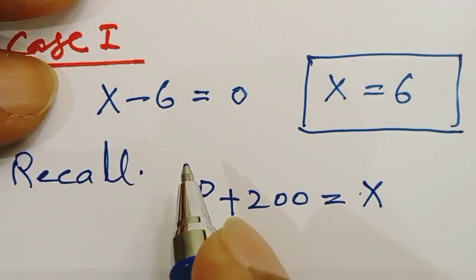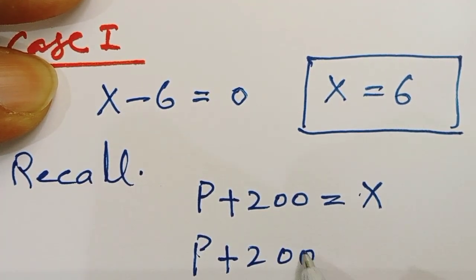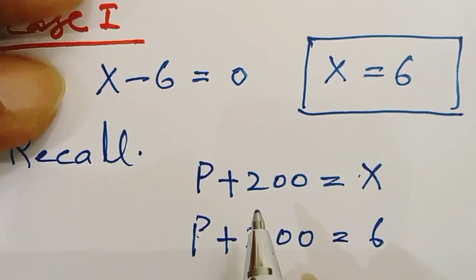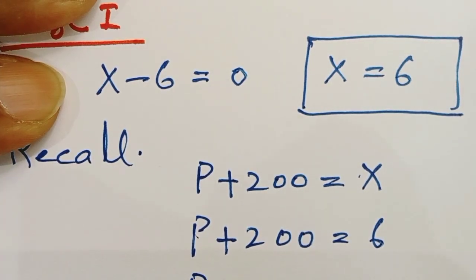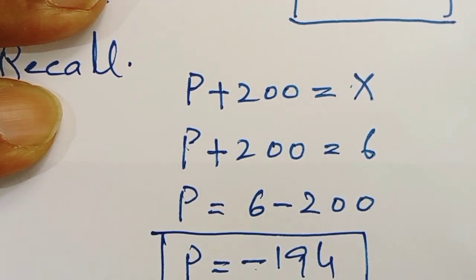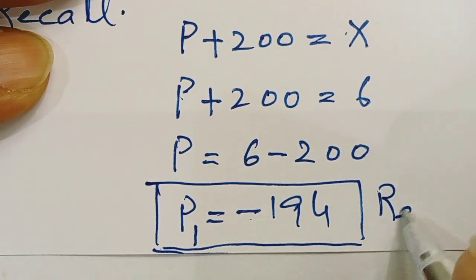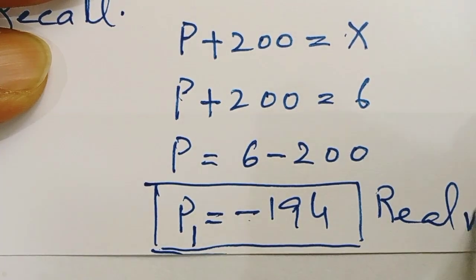Putting the value of x, p plus 200 is equal to 6. So p is equal to 6 minus 200. So p is equal to minus 194. This is the one value of p, p1. There are three values of p, so it's one value of p, its real value.